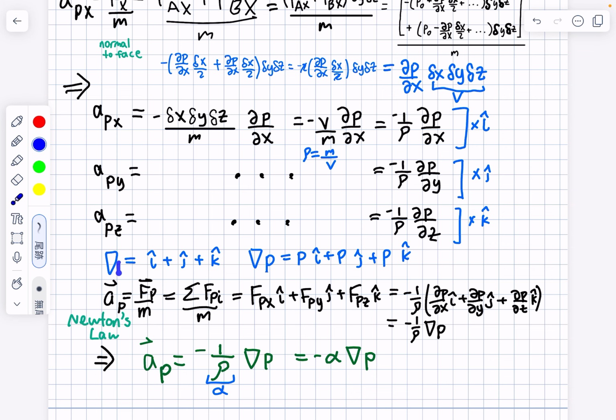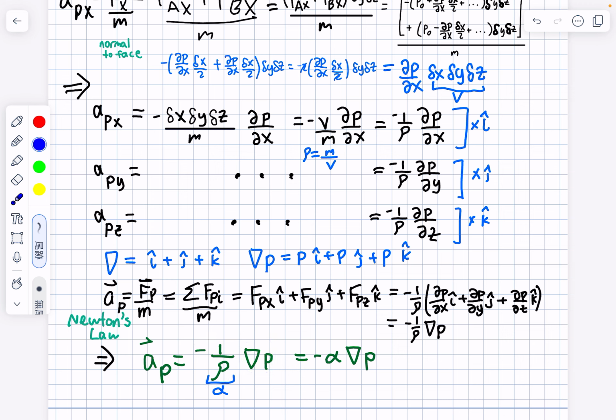So we basically insert a p here. It means you insert a p in every term here, multiplying a p and distributing it to each term. And as you see, this is exactly what this equation is. We can write it as negative 1 over rho times the gradient of p.